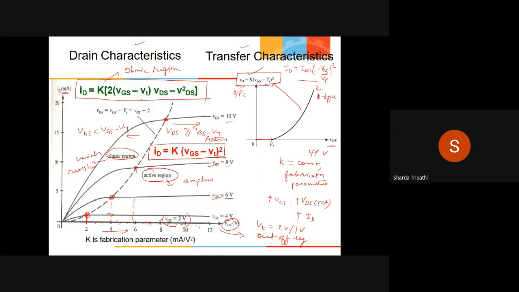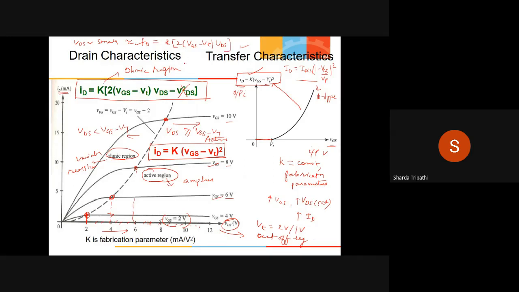So we can have one approximation over here. For example, if the value of VDS is very small, then this quadratic term can be ignored. In that case, I can write that the drain current is simply equal to K times 2 VGS minus VT multiplied by VDS.